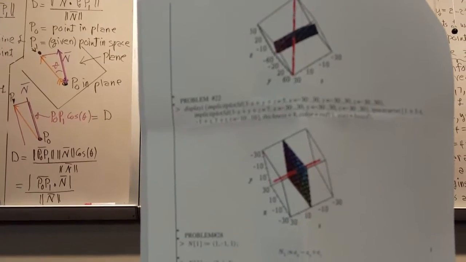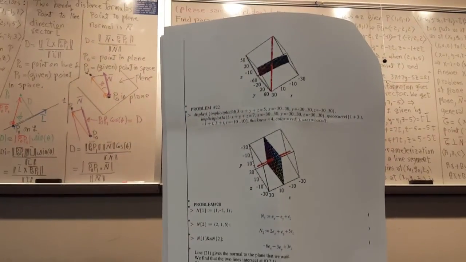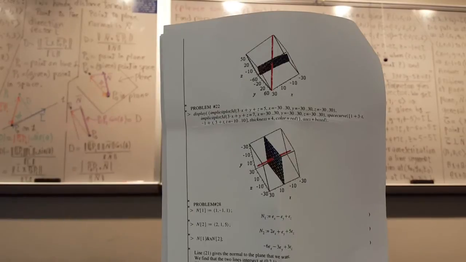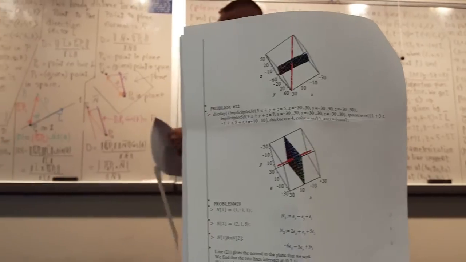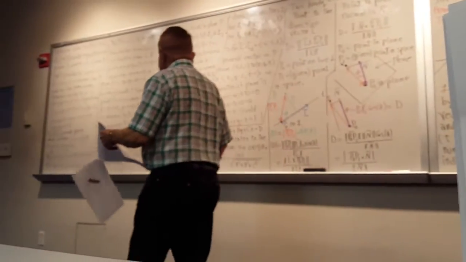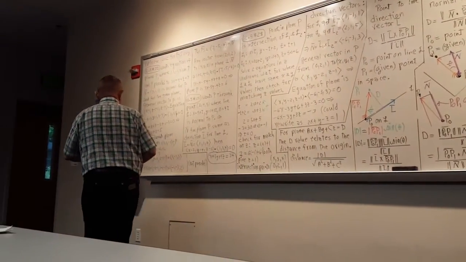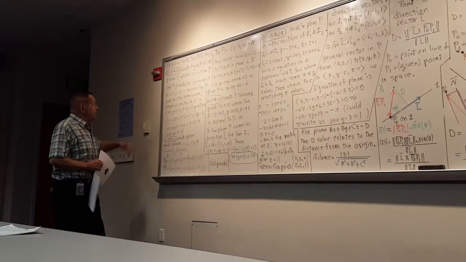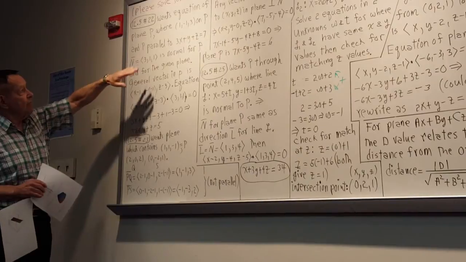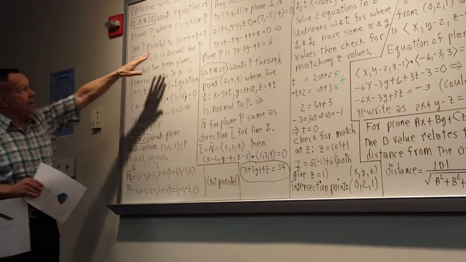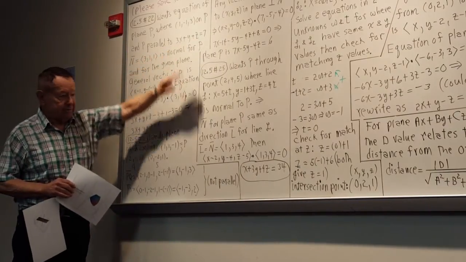Again, I have the implicit plot, I have the plane 3x plus y plus z equals 5, and then I have the 3x plus y plus z equals 7. So I have the two planes. See, when we were doing 22 here, we wanted the plane where a given point was on the plane and it was parallel to this plane.